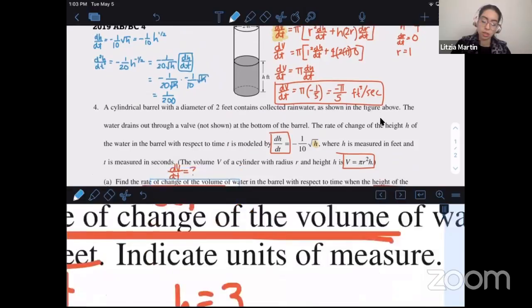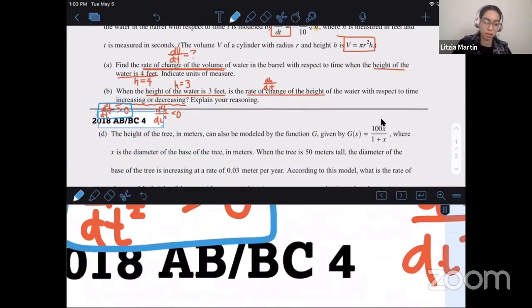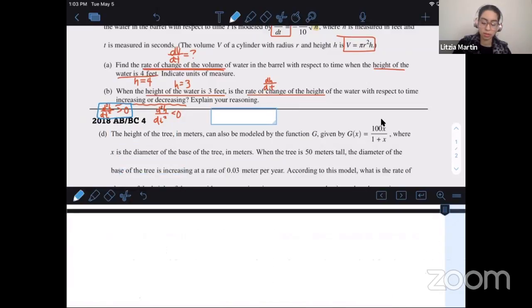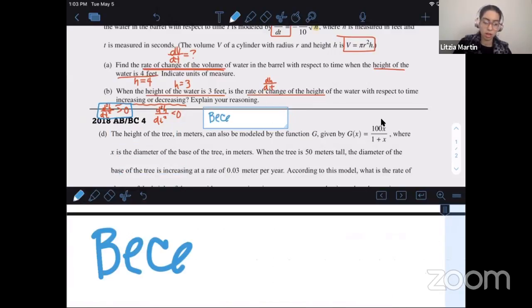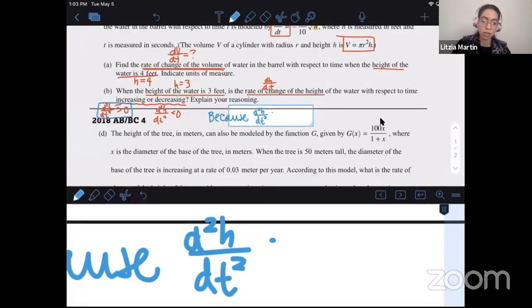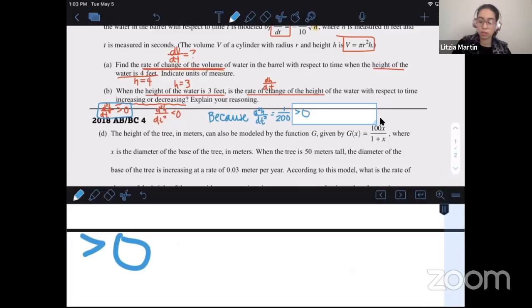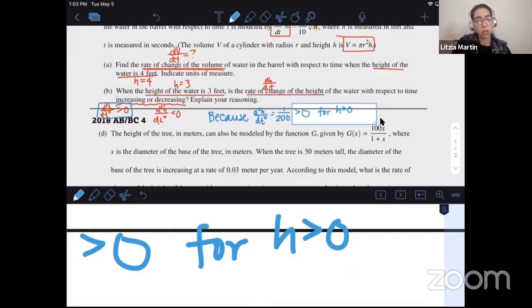So we would say, because our second derivative of h with respect to t is equal to 1 over 200, which is greater than 0, or technically we can say specifically, h has to be greater than 0, right? Because we're talking about h representing a height.